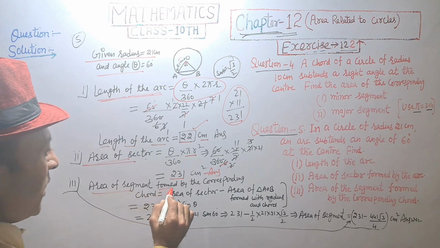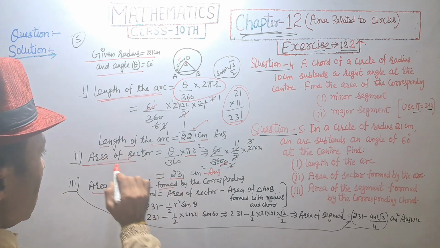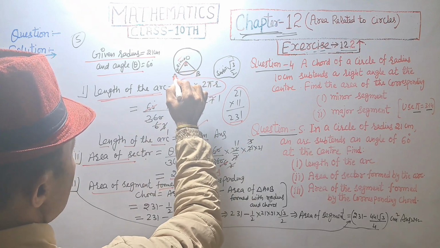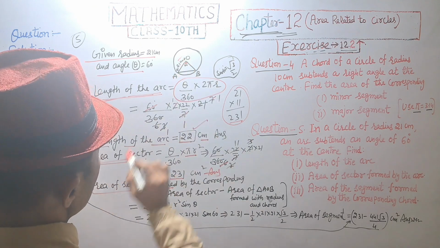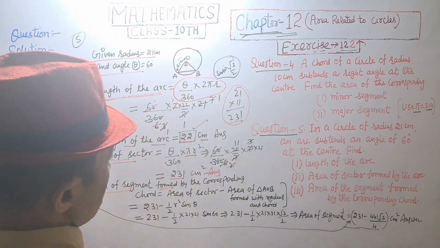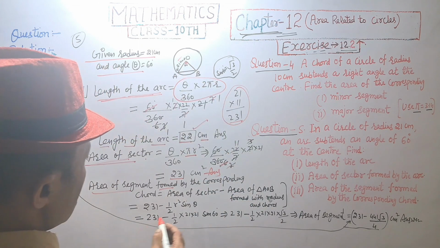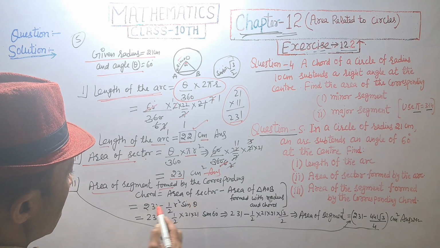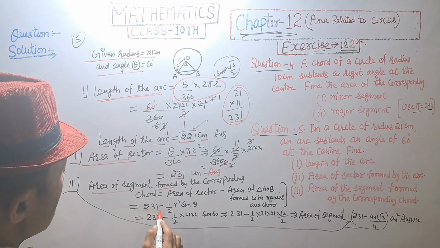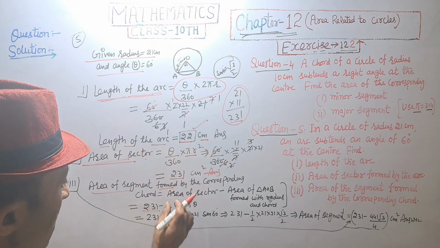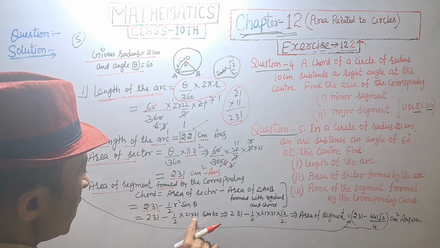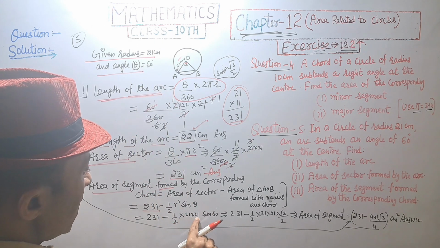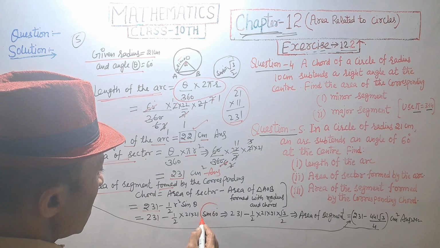And area of segment formed by the corresponding chord is area of sector minus area of triangle AOB formed with radius and chord, that is half of r square into sin theta. 231 is area of sector, minus half into 21 into 21, radius is 21, into sin 60 degree.